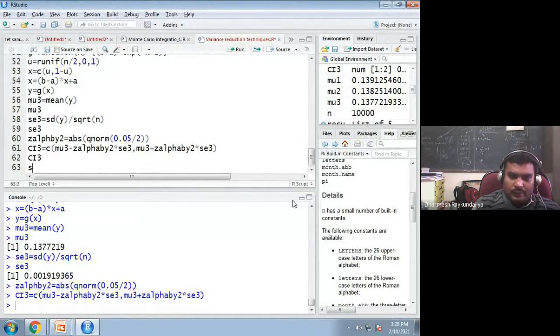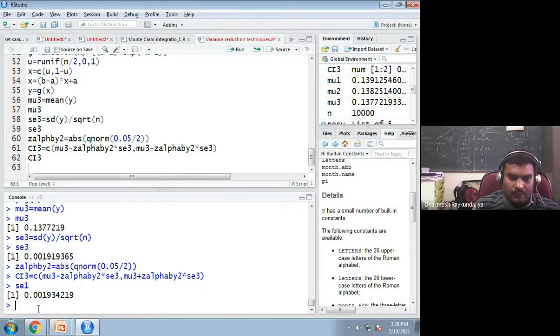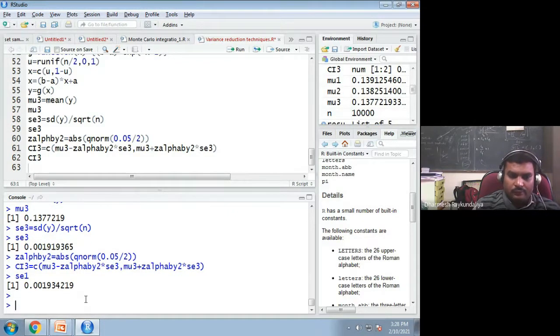So what is the SE1? हमने कहा था ना SE1 is the better. So you can see that. यहाँ पे कितना है? SE3 is 0.001919 and this is 0.001934. So which has the higher variance? SE1.